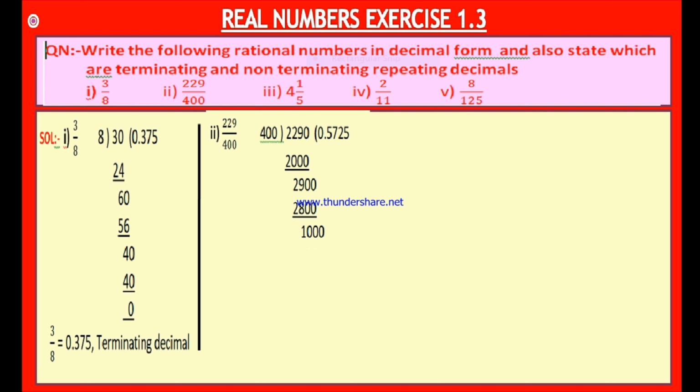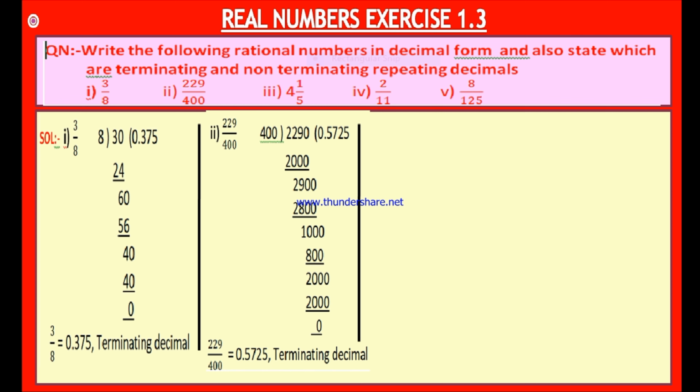If you subtract, you will get 100 and keep 0 so that it will be 1000. In 1000, 400 goes 2 times. 2 400s is 800, so you will get 200. Keep 0, it is 2000. In 2000, 400 goes 5 times. 5 400s is 2000, the remainder is 0. Therefore, 229 divided by 400 is 0.5725. It is also a terminating decimal.